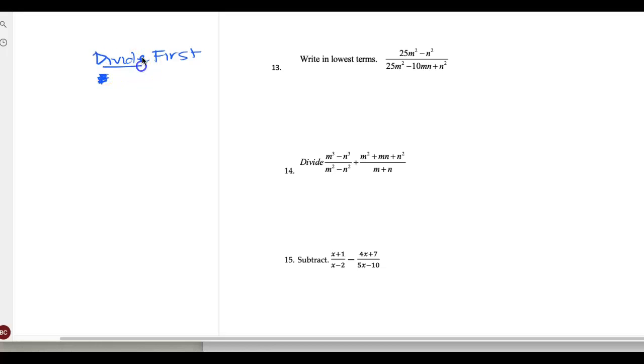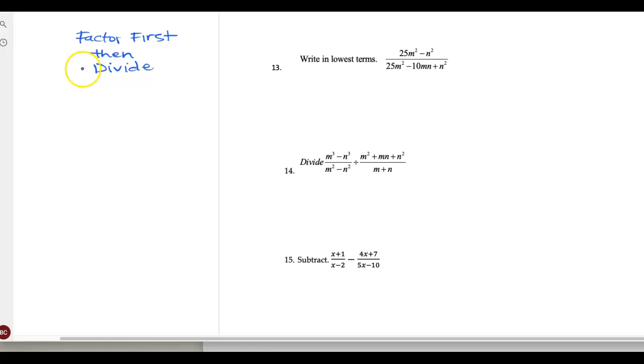Oh my gosh, I'm saying this backwards. Okay, hold on. You've got to factor first is what I meant to put, then divide. I don't know where my brain is. Okay, so we're always going to factor first, then divide. That's how I want you to think of it.